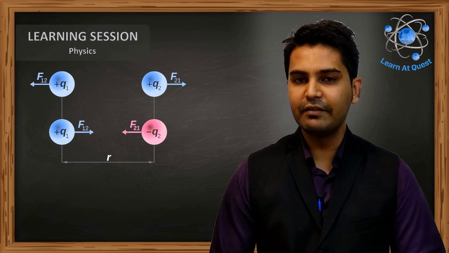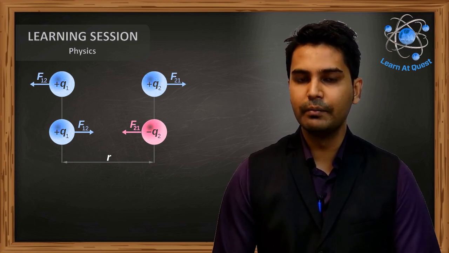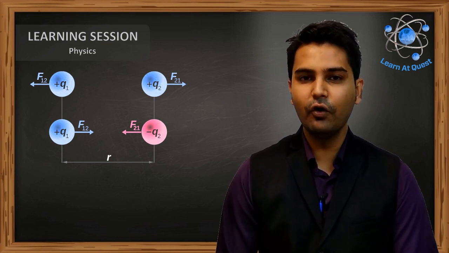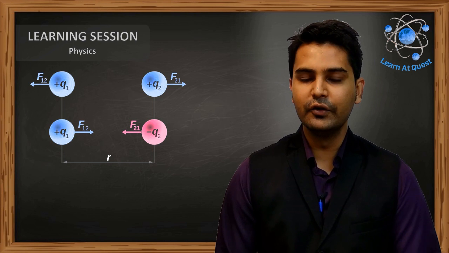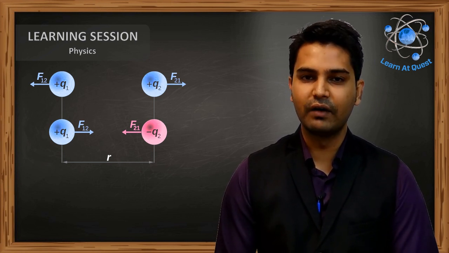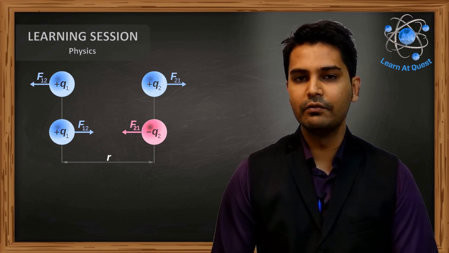Now, as both of these have the same polarity, that is, both are positive, hence there will be some repulsion between them. This force of repulsion is denoted as follows. The force which acts on Q1 due to Q2 is denoted as F12 with 12 in the subscript. Similarly, the force which acts on Q2 due to the charge Q1 is denoted as F21, where 21 is in the subscript.